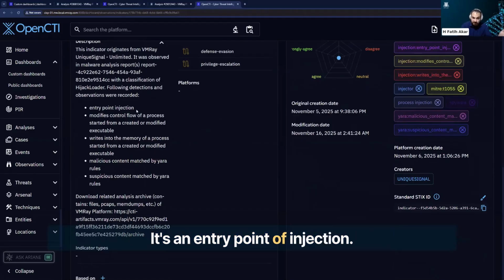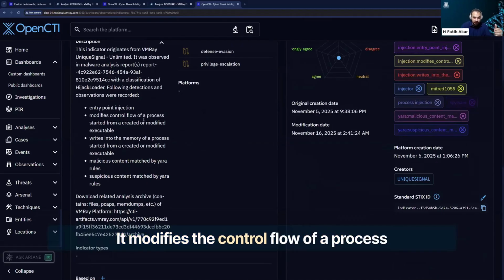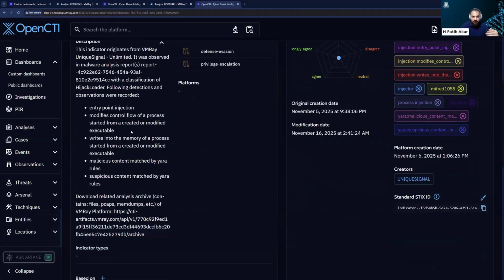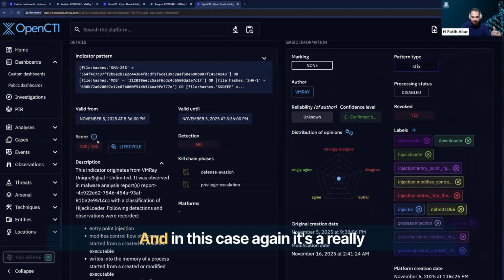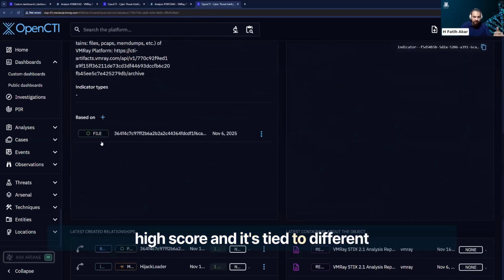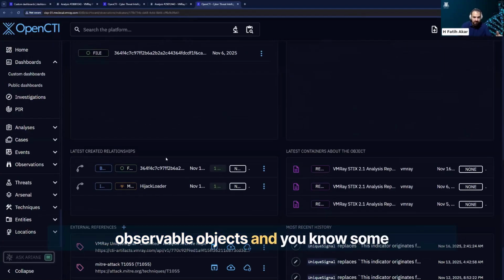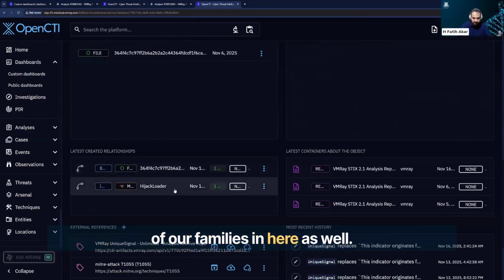It's an entry point of injection. It modifies the control flow of a process, starting from a created or modified executable, right? So these are all of the things that you can look at, analyze, and understand how malicious it is. And in this case, again, it's a really high score. And it's tied to different observable objects and some malware families in here as well.